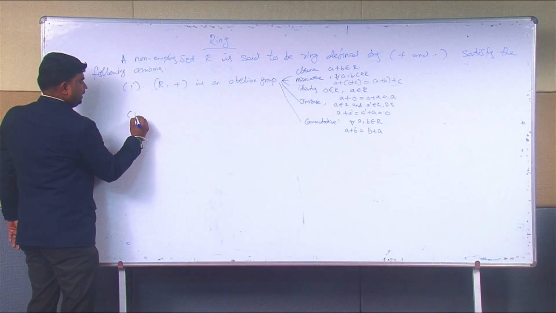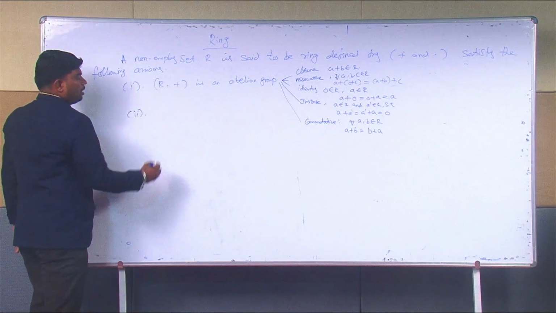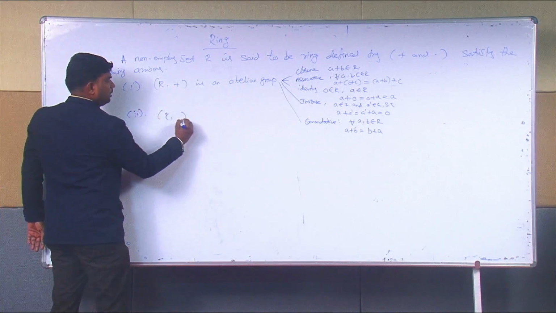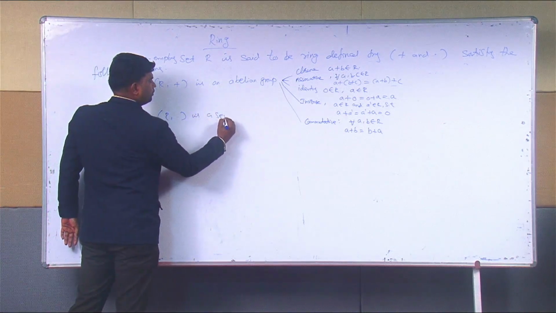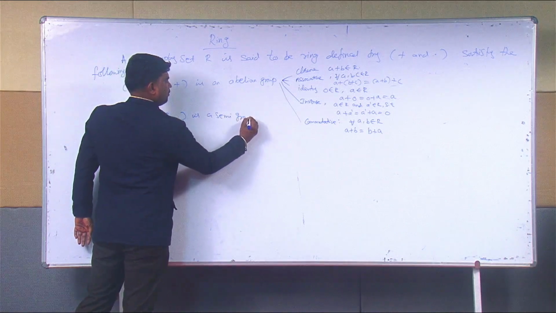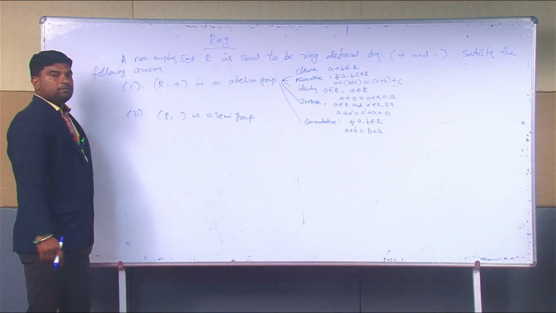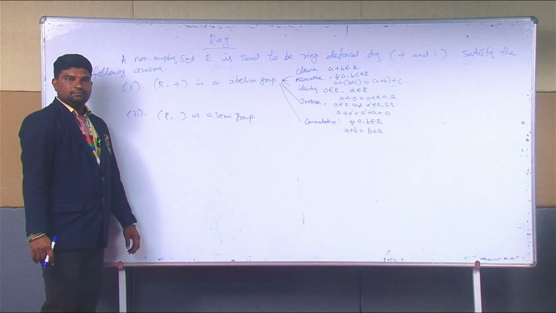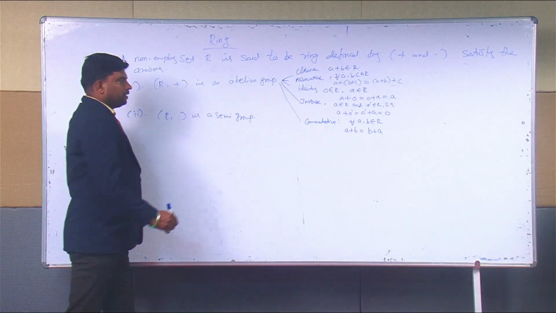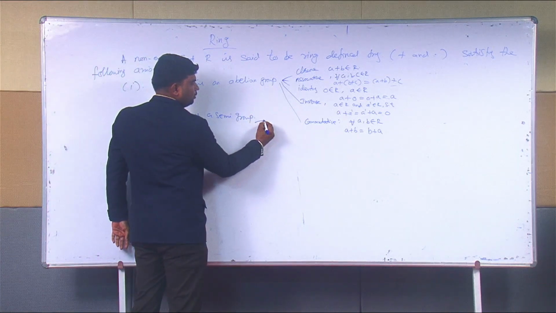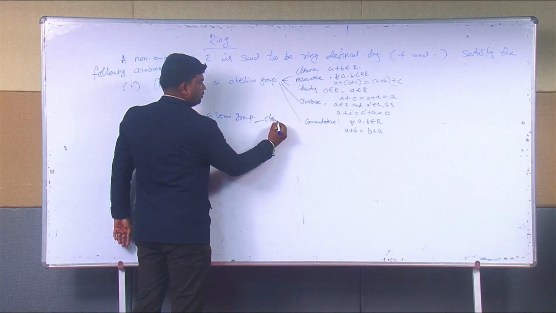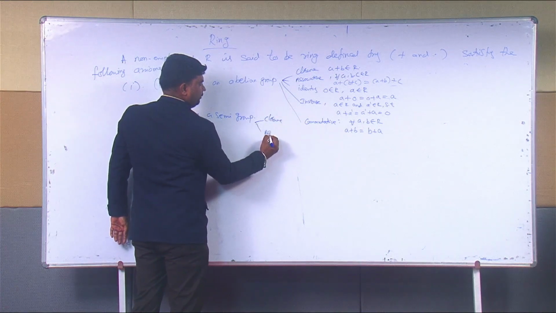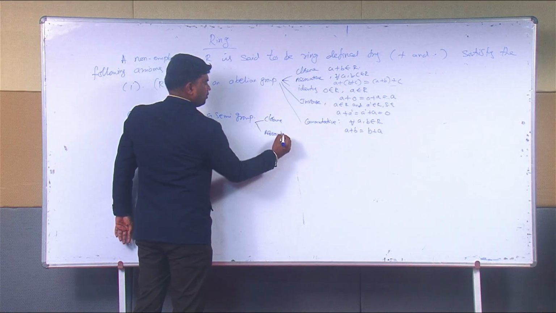And second, R comma dot is a semigroup under multiplication. A semigroup means it satisfies 2 axioms. One is closure, the other is associative.